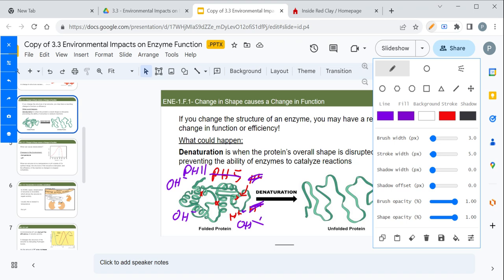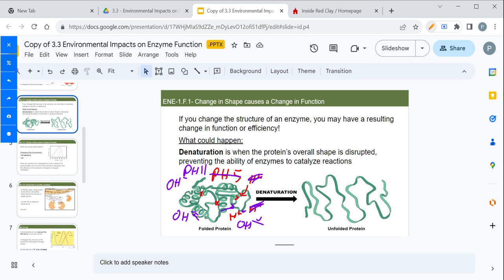Whether it's a positive sign or a negative sign, they're both going to be affecting the protein in a specific way because certain things may be attracted to this negative ion, or they could be attracted to this positive ion, or they could be repelled by it, right? And they're trying to stay away from it. Because if you put two positives near each other, they will repel away from each other. And basically, an accumulation of all this is going to end up causing this unfolding to take place.